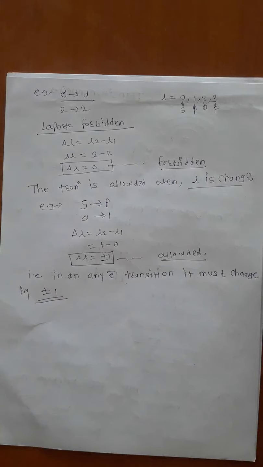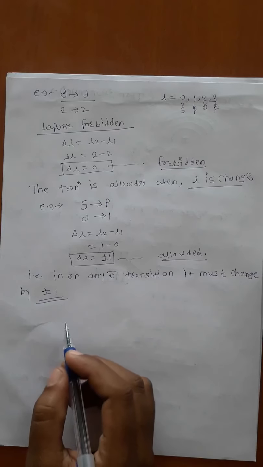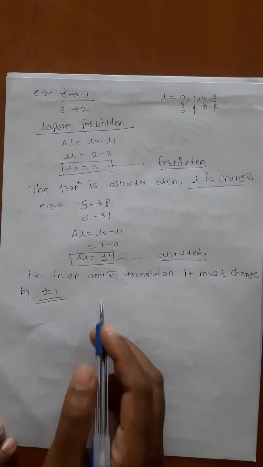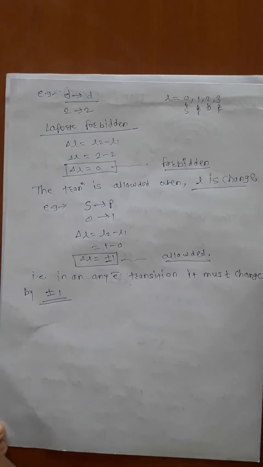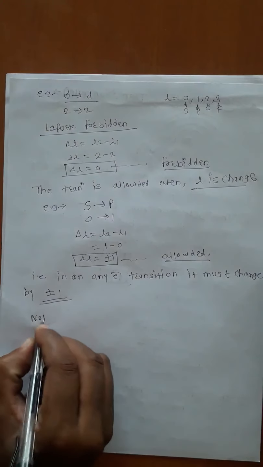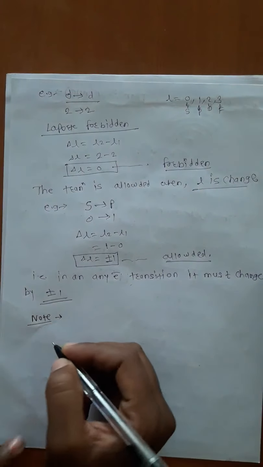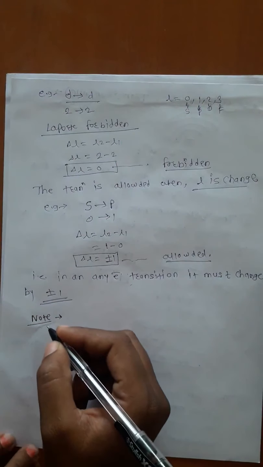Now we have to decide which transition is allowed or forbidden. First, we write one note for the transition rule for L, or n theta.